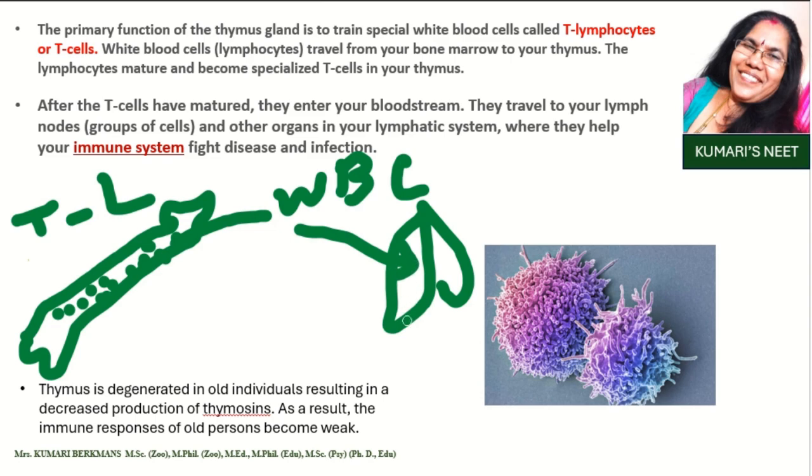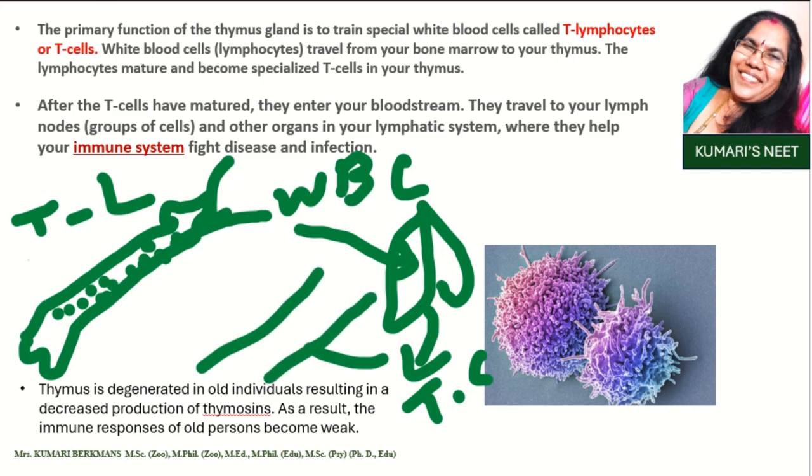There the lymphocytes, white blood cell is nothing but lymphocytes, mature in the thymus gland and become the specialized T cell. Okay, it becomes a specialized T cell in the thymus. After these cells mature, they enter into the bloodstream.